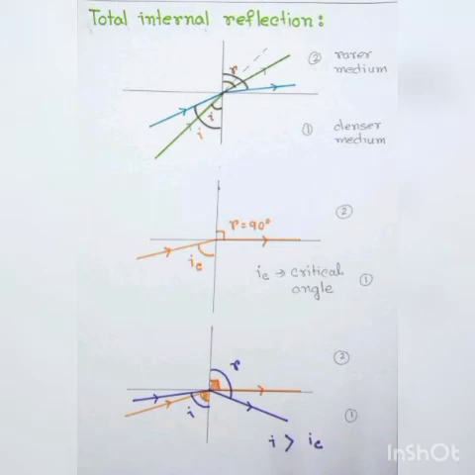That particular incident angle is known as the critical angle. So if we increase the incident angle more than the critical angle, automatically the refracted angle will increase and it will be more than 90 degrees.